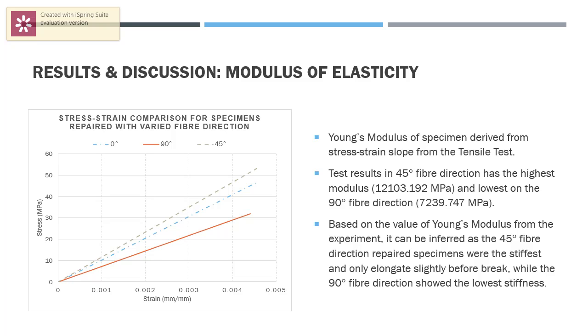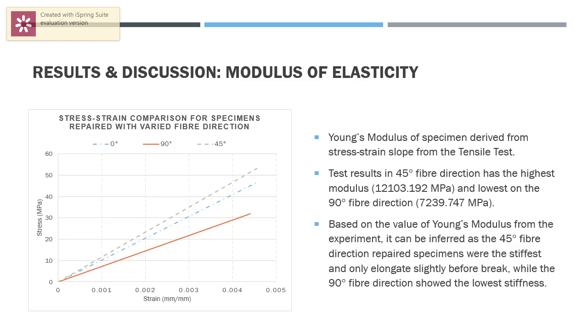As for the modulus of elasticity, it is derived from the stress-strain slope from the tensile test. Test results show the 45-degree fiber direction has the highest modulus at about 12,103 megapascal and the lowest is the 90-degree fiber direction at about 7,240 megapascal.